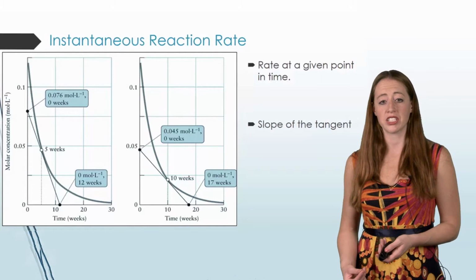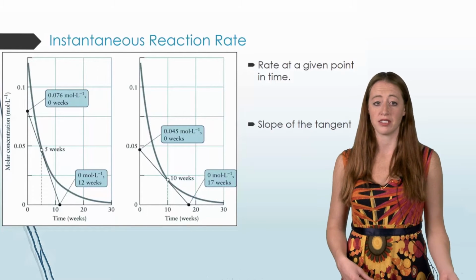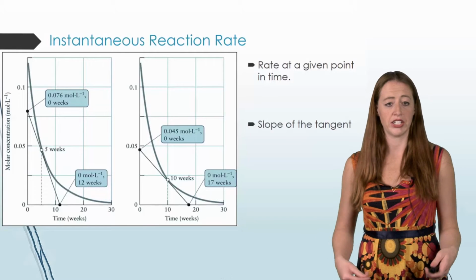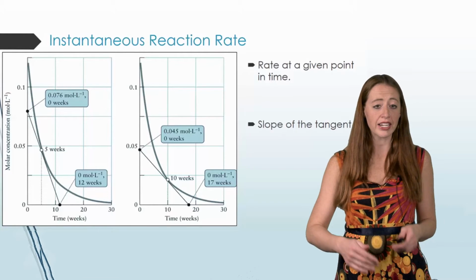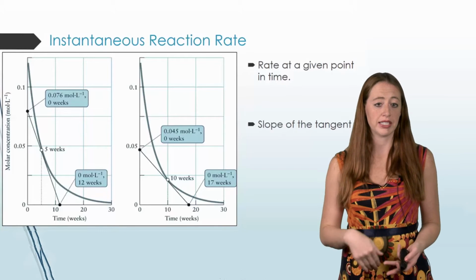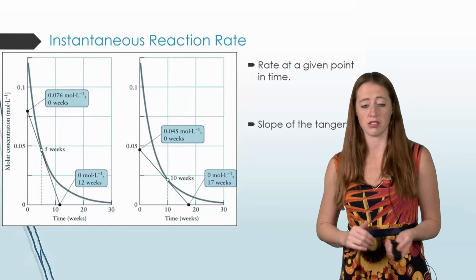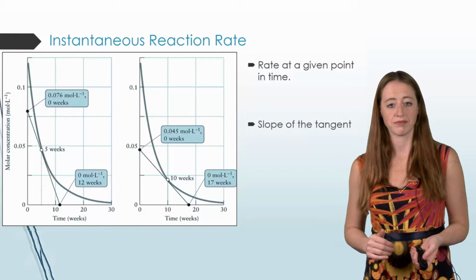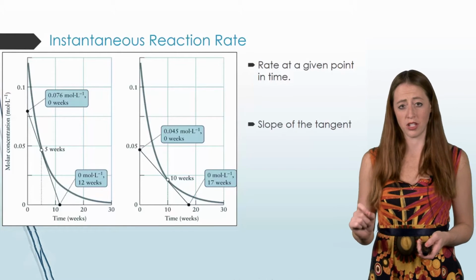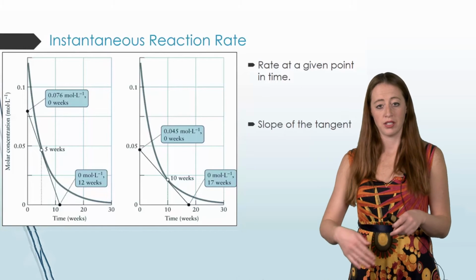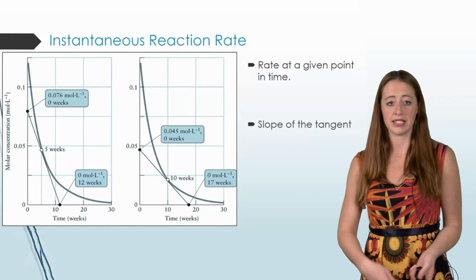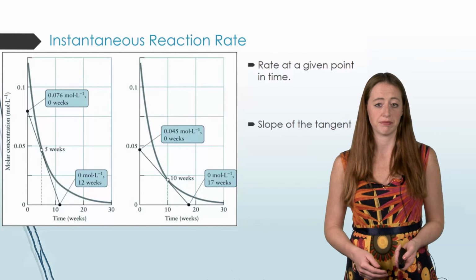And to get that, what we actually do is look at the slope of the tangent of the curve. That's drawn here at 2 different time points. And you can see that when the concentration is higher, the slope is much steeper. And when the concentration is lower, the slope is much lower. And that slope is what gives us our instantaneous reaction rate. So average reaction rate is a range, instantaneous reaction rate is one point.